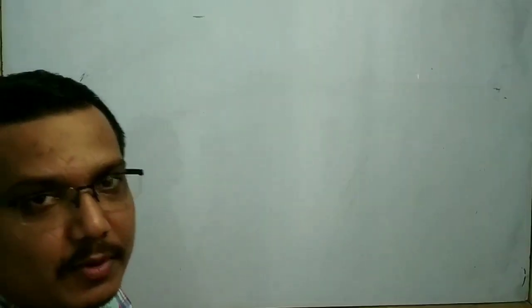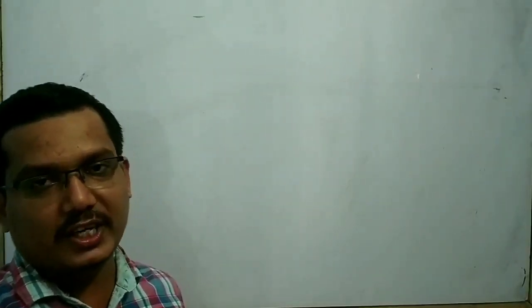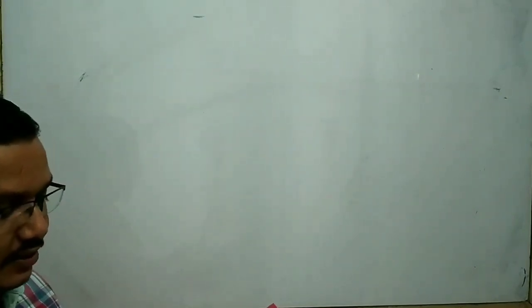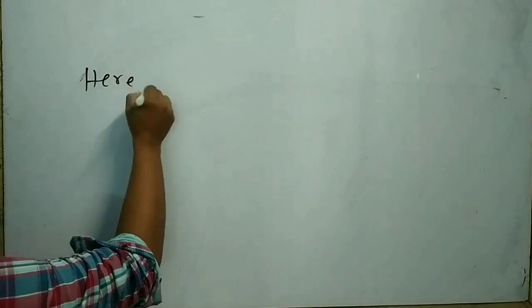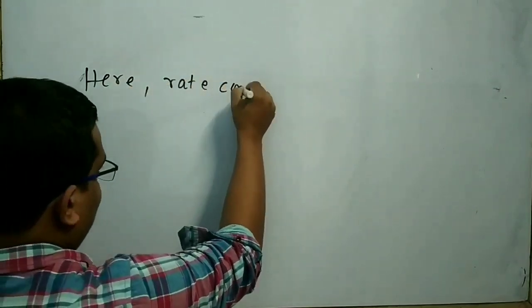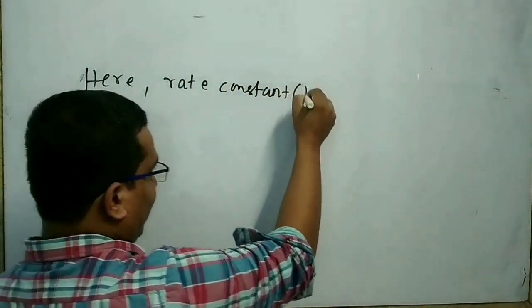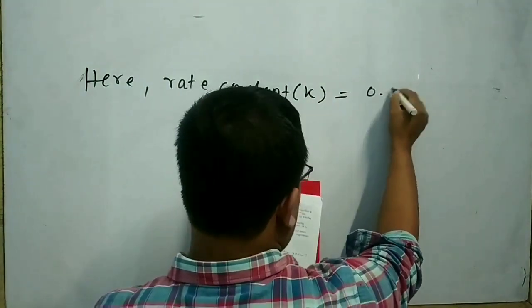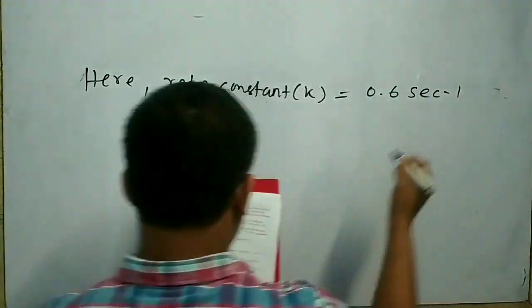Now I will discuss some important 2 and 3 mark questions related to chemical kinetics. First question: the rate constant of a first order reaction is 0.6 second inverse. What is its half life period? Here rate constant K is equal to 0.6 second inverse.